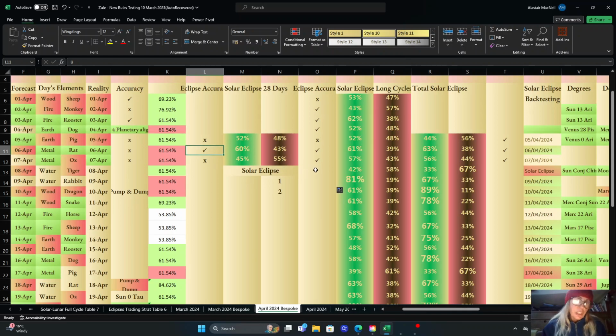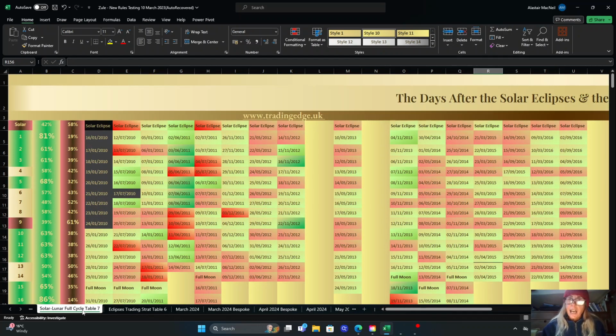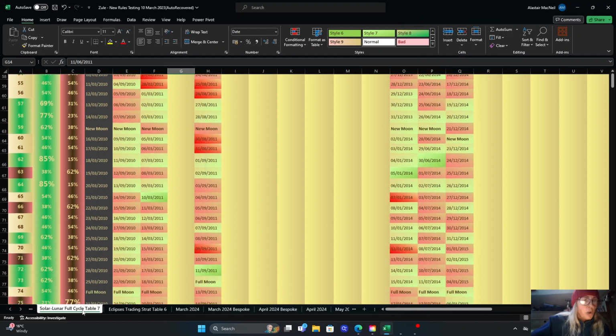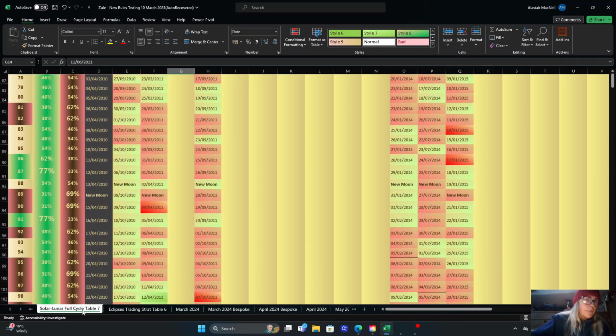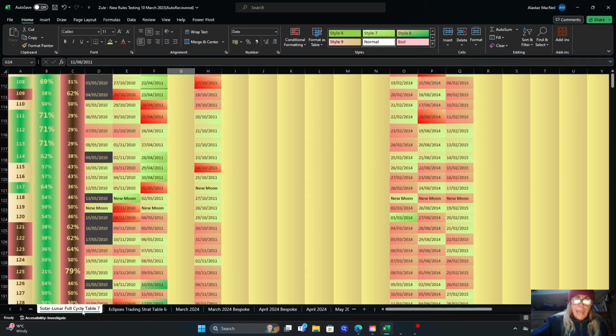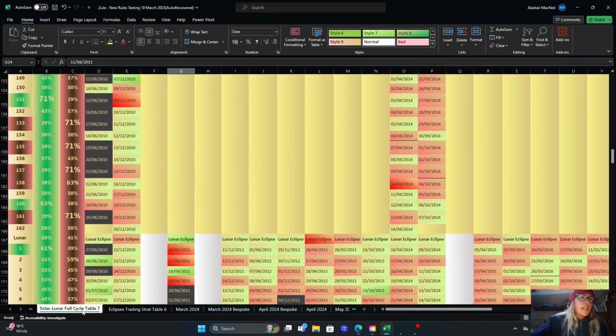If this cycle happens to continue to be so significant for April, then I'll continue testing the back-tested results in May, in June, and I showed you in this table where the long solar eclipses are, and here, the solar eclipse again is a very long cycle. Look at that. These go all the way to the next lunar eclipse. So once we pass April, this carries on for May, carries on for June, and then we arrive in July.